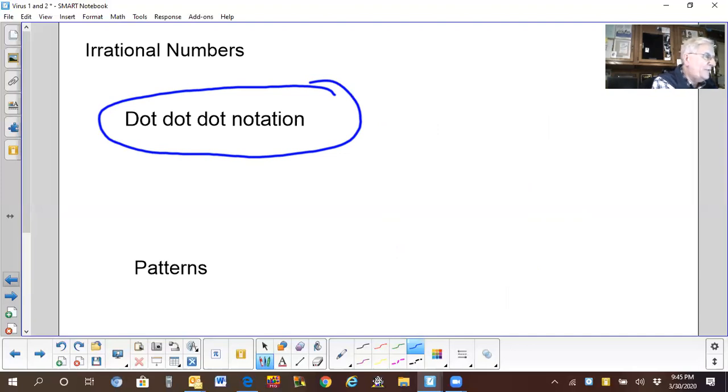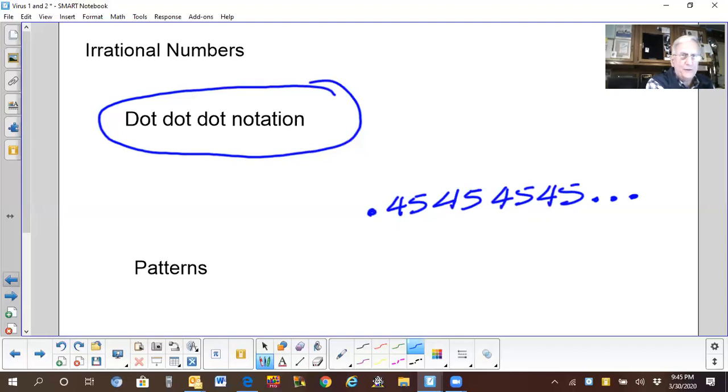For example, if I want to show that I have a decimal that is repeating 4 5s, I can put 3 dots after it to show that that continues in the same pattern. Okay? All right? That pattern is what we call repetition, and we can use it for 0.45 bar here. All right?